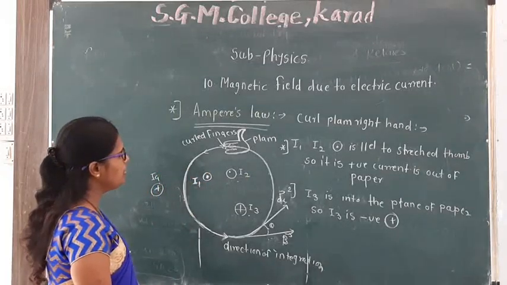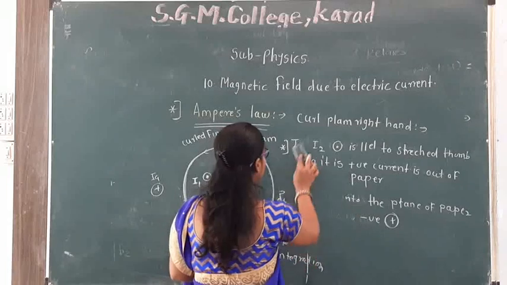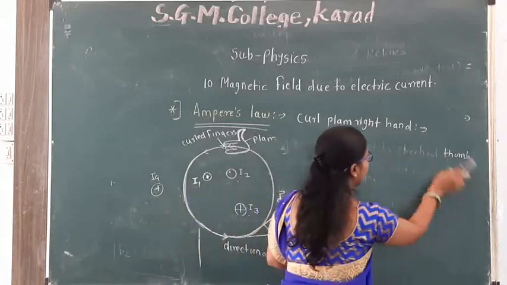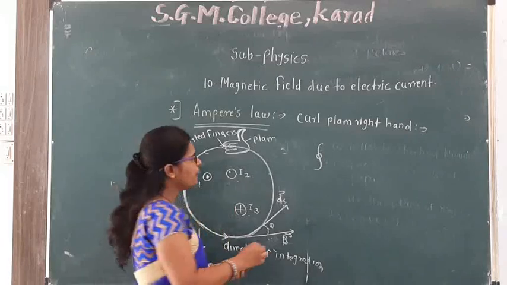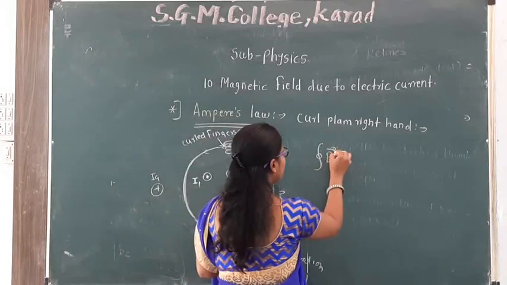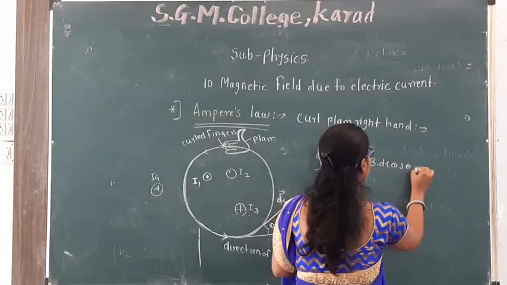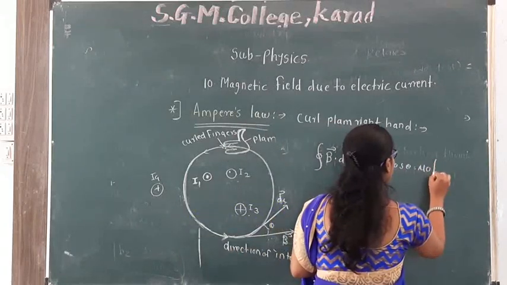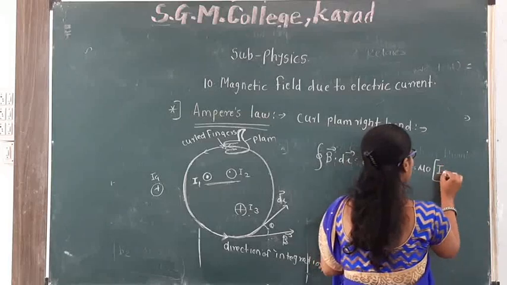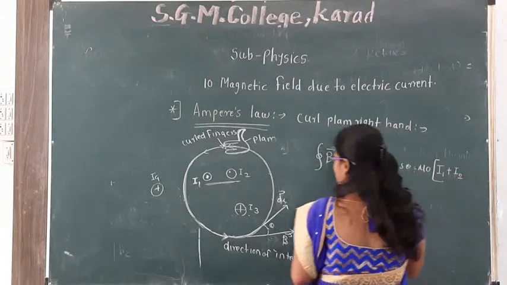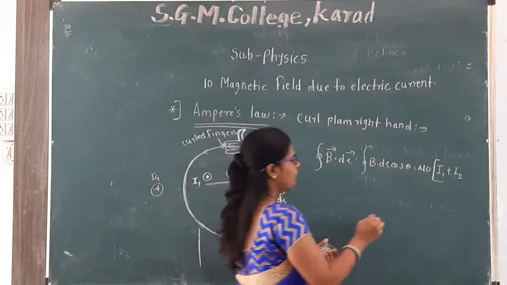Now combining I1, I2, I3, the relation between the magnetic field and the length of the small element, Ampere's law, we can write: the line integral of vector B dot dl, which is B dl cos theta, is equal to mu 0 times, in brackets, I1 plus I2, since those two currents are positive, and the third current I3 is negative, therefore minus I3.